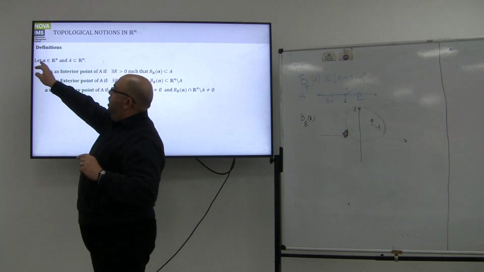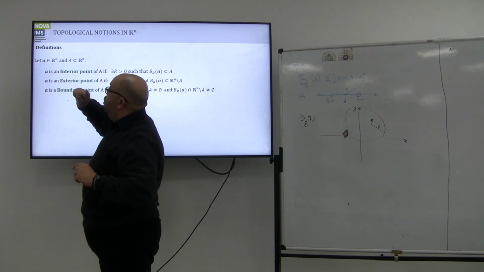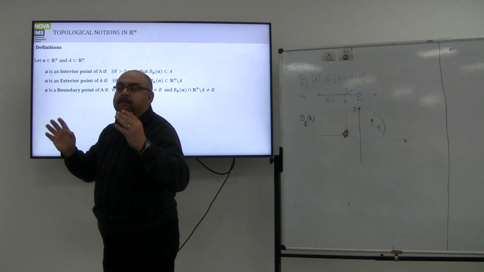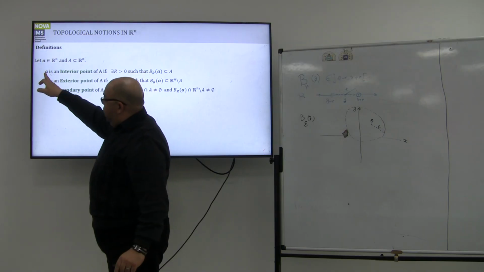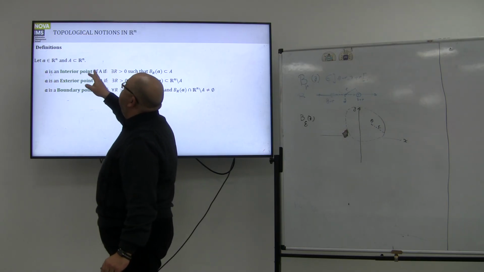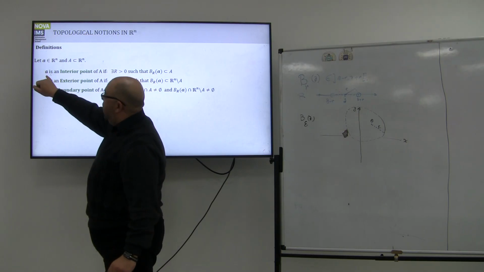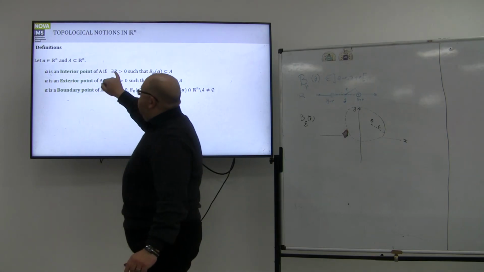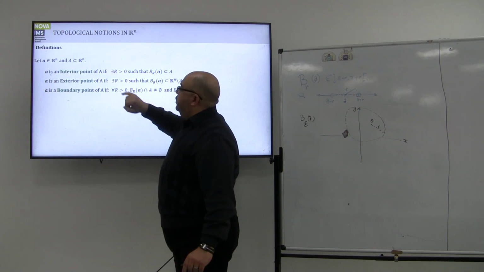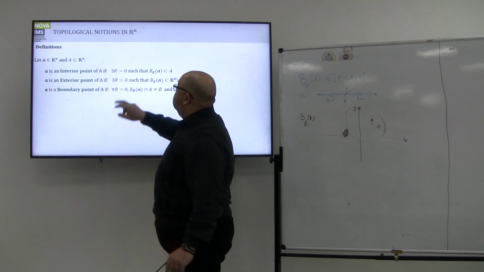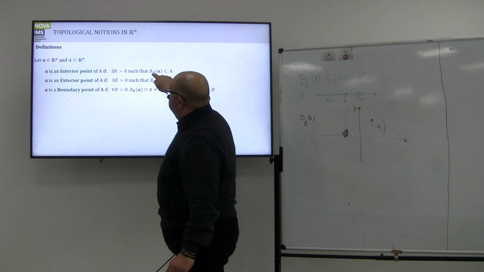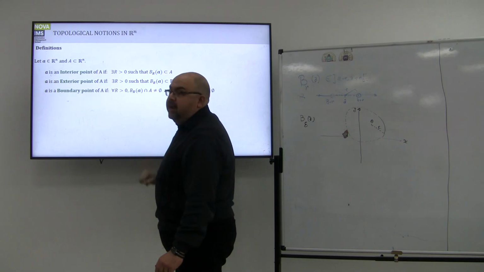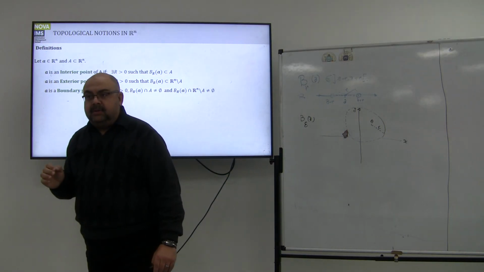So a is a point that belongs to Rn, where A capital is a set of points that belongs to Rn. So a is an interior point of A capital if there exists r greater than 0, so there exists an open ball, such that the open ball at a with radius r is completely contained in A. That means an interior point.